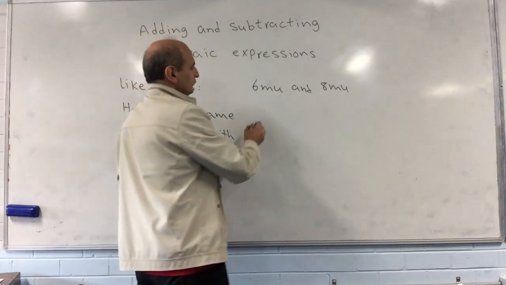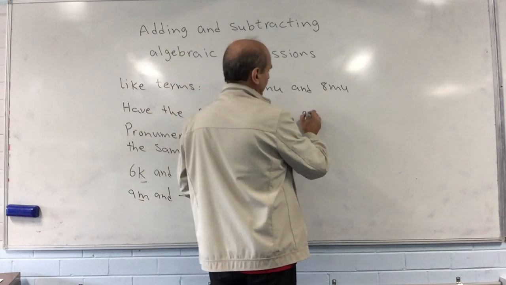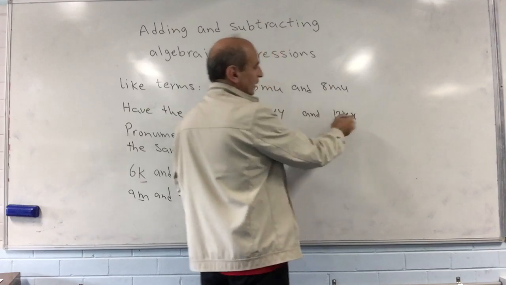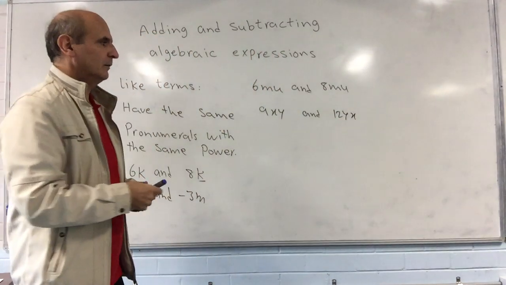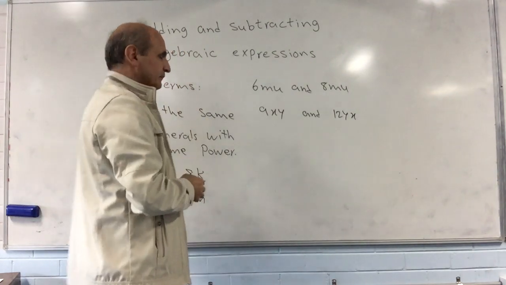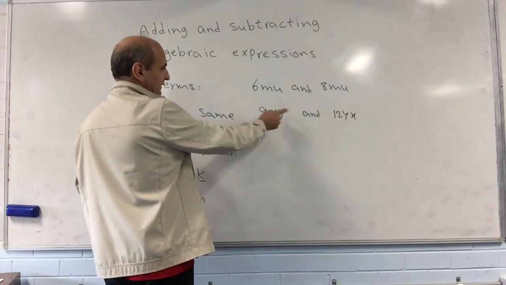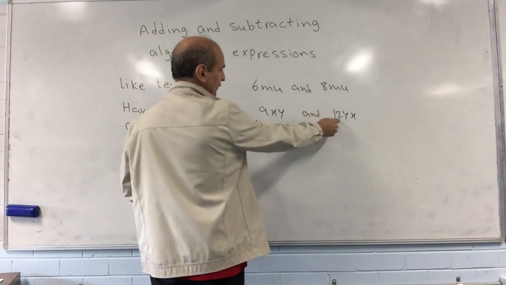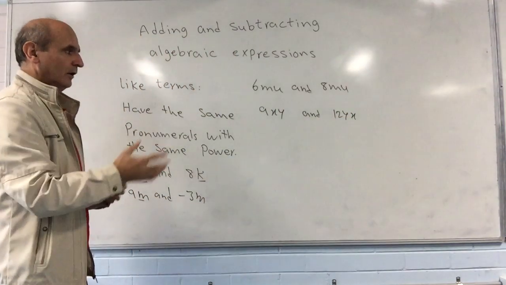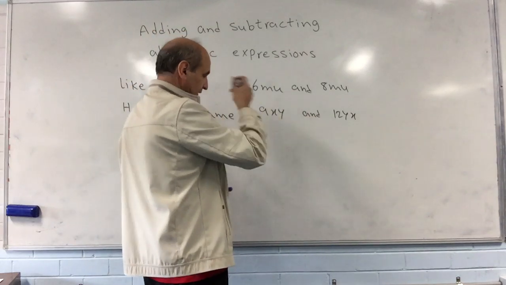So if you have 9xy and say 12yx, still these are like terms, because when you multiply, the order doesn't matter. We said that xy means x times y. So here we are multiplying 9 times x times y. Here we are multiplying 12 times y times x. They have the same pronumerals, and order doesn't matter, so still they are like terms.